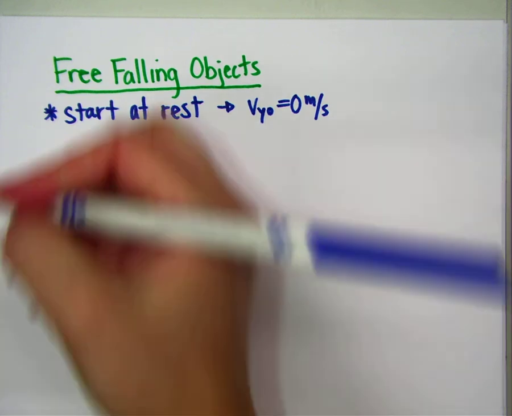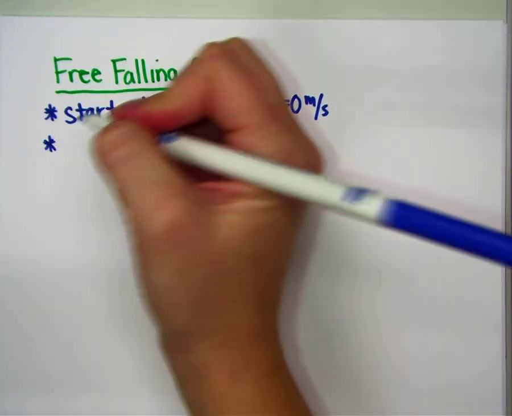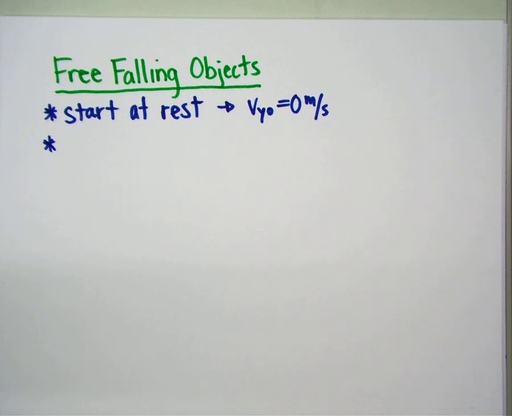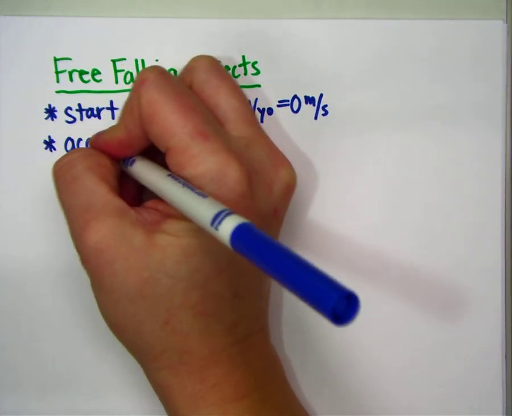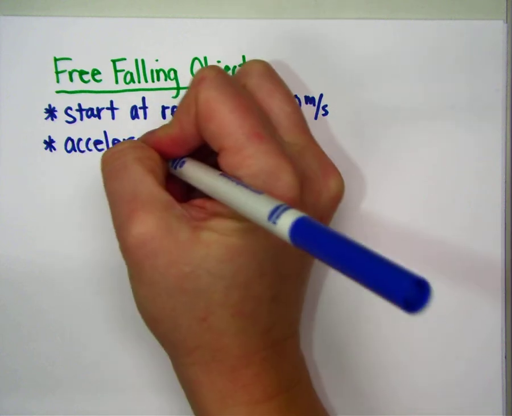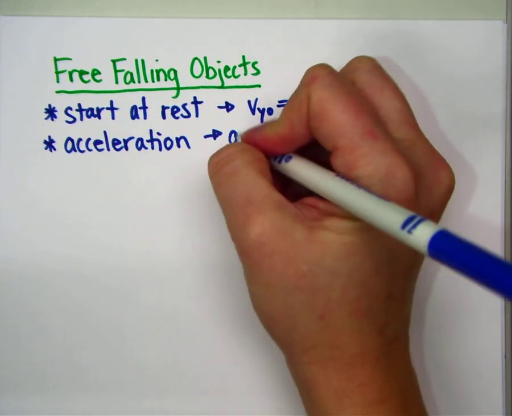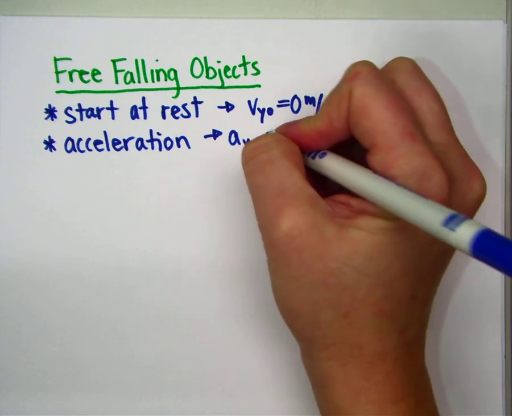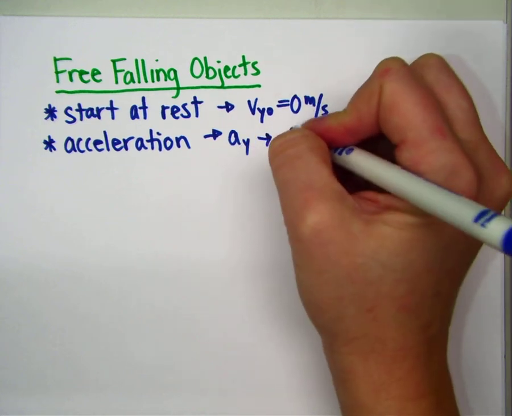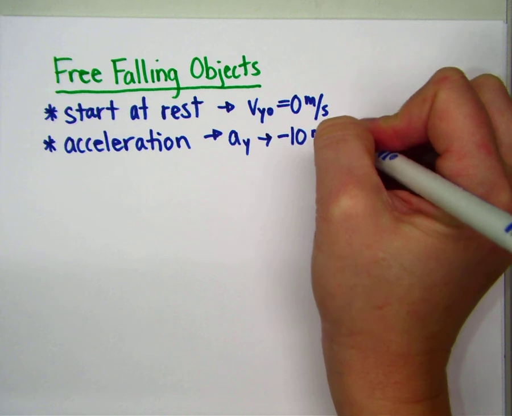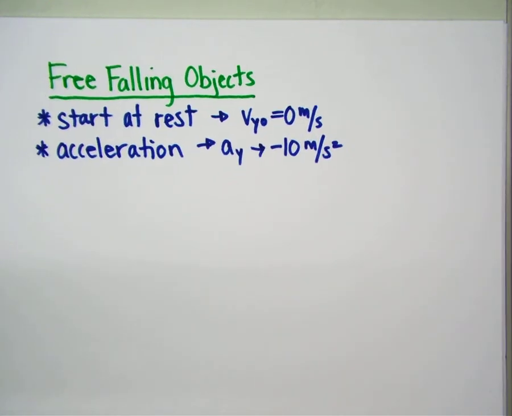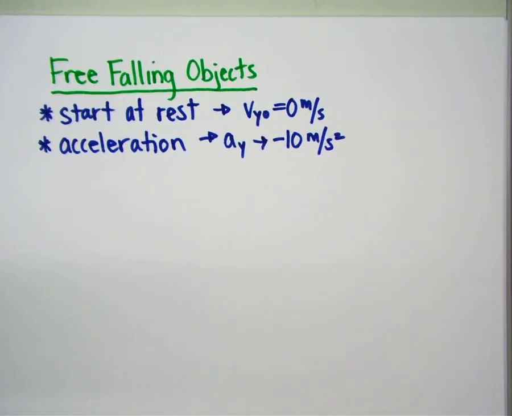The acceleration for all objects near the surface of the Earth is always going to be constant. And I like to use -10 just to make life simple. Okay? So those two things are going to be constant no matter what. So let's do some example problems.